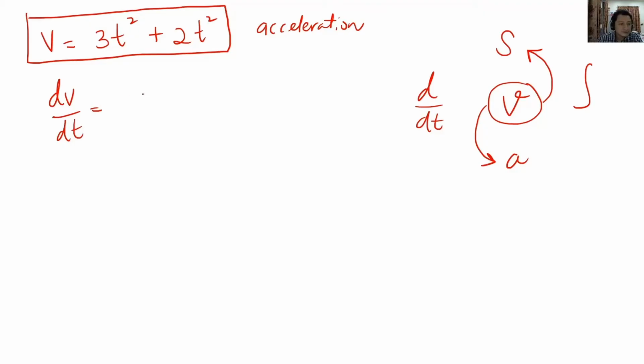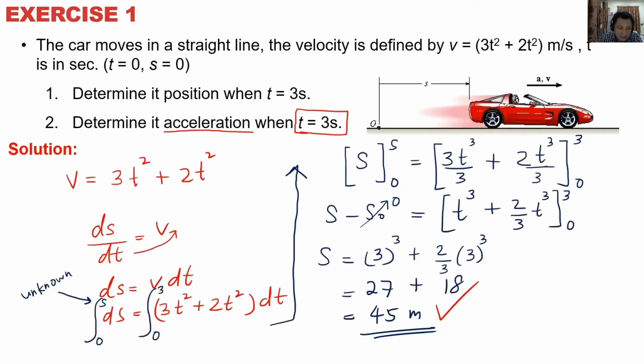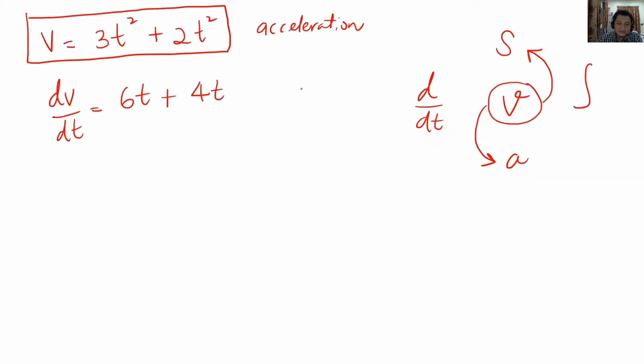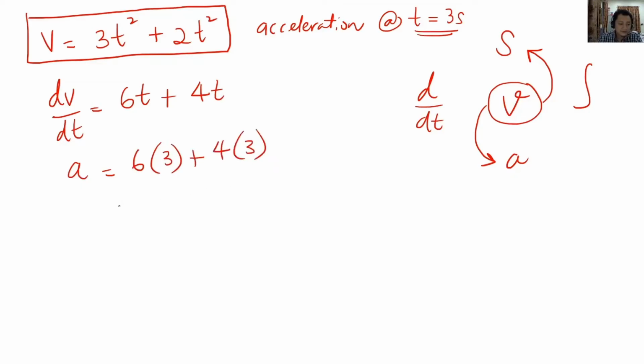So what do you do? I think it is 6t plus 4t, and then you need to evaluate. What is the question again? Determine the acceleration when time is equal to 3 seconds. So now you've got to plug in. dV over dt, you get acceleration already. 6, plug in your 3, plus 4, plug in also.